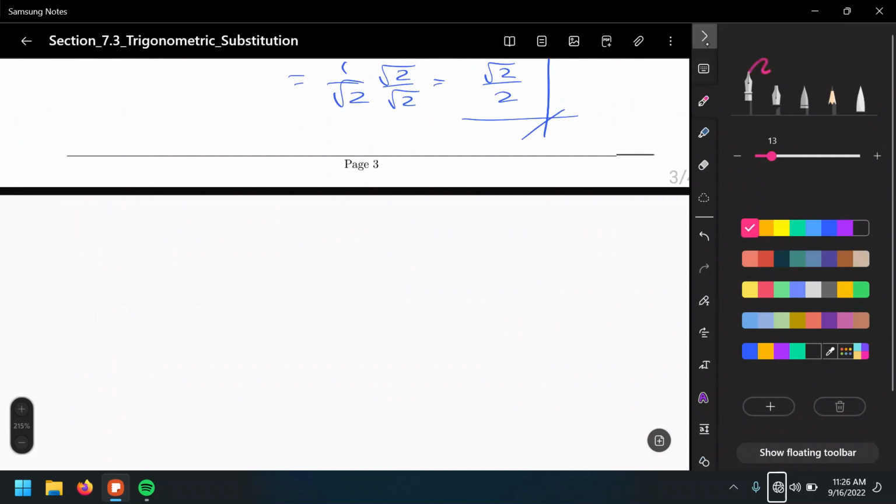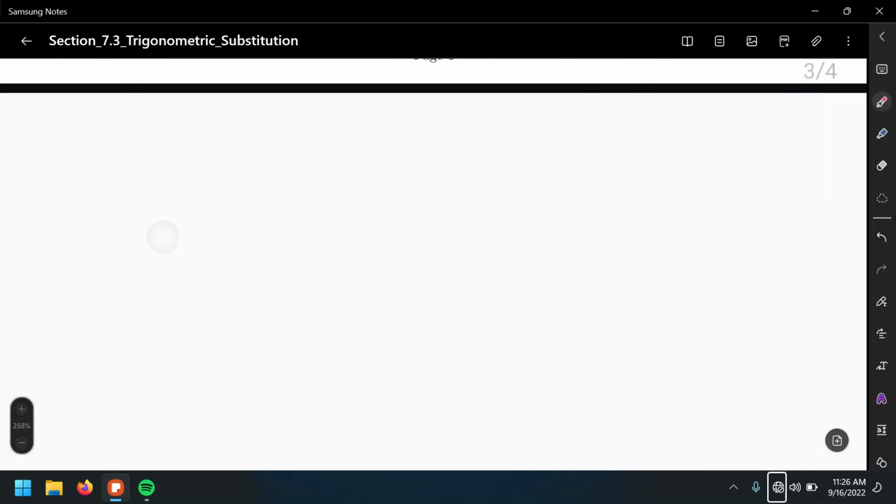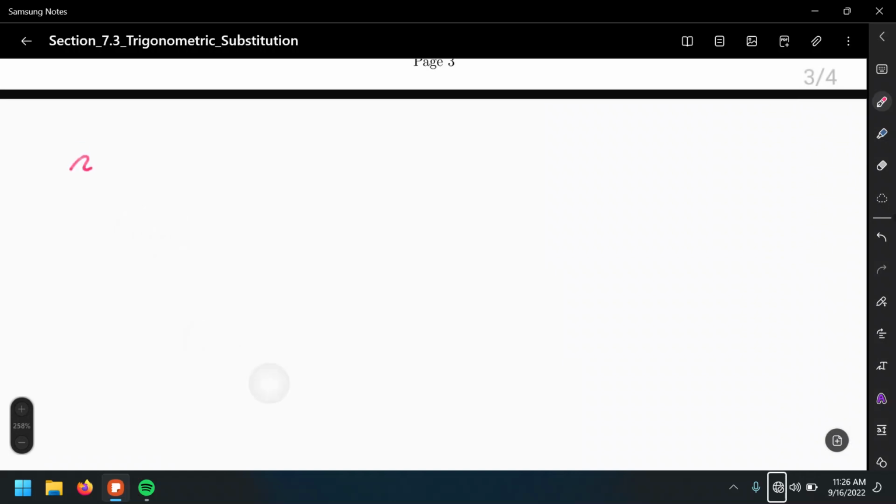So what the book tells you to do is essentially, whenever you have the form a squared minus u squared, a squared plus u squared, or let me do it the other way, and u squared minus a squared, those are the 3 different cases. Now, whenever the book says, do you see this form? Well, then just do this substitution here.